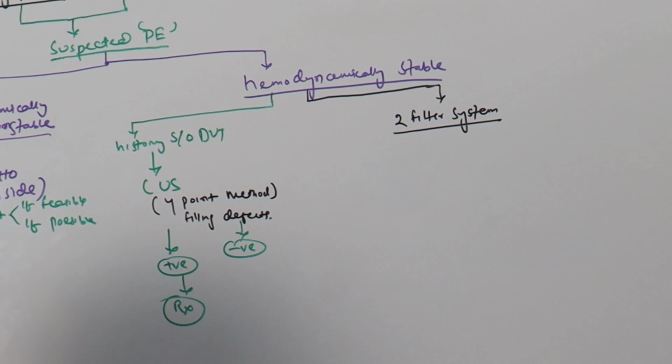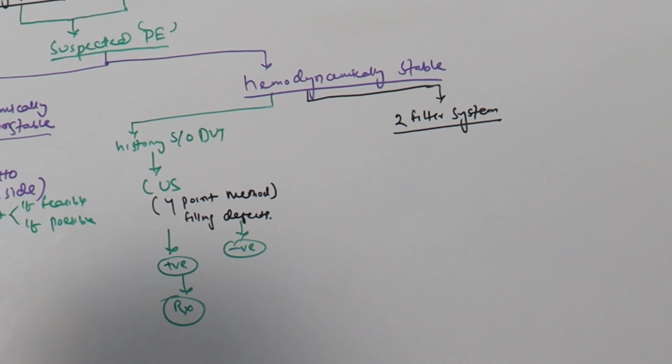Once you have diagnosed PE, now we have to treat the patient. Before treating the patient or while treating the patient, you have to assess another thing, that is called risk of early death and severity assessment.